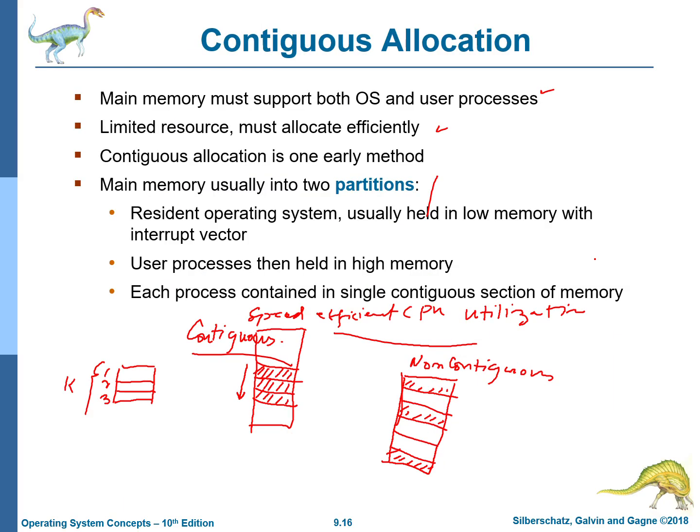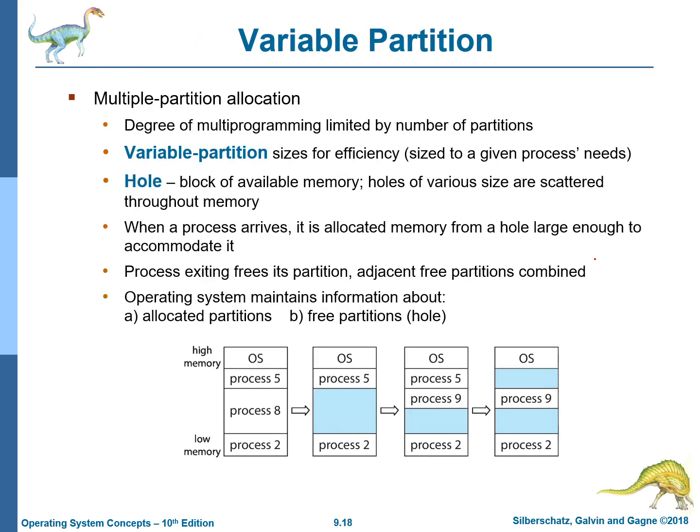Now we'll see contiguous allocation. We have already seen what contiguous and non-contiguous are, and we have seen single partition and multiple partition. We were facing some issues with contiguous allocation. We have also seen the variable type of partition. You can see here that process 5 has arrived, process 8 has arrived, process 2 has arrived. If process 8 has finished, then process 9, if it's small, can be adjusted here.